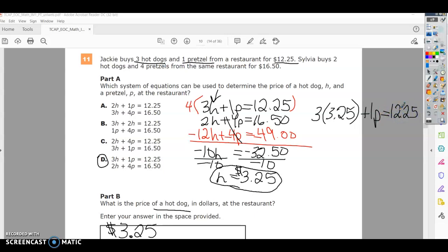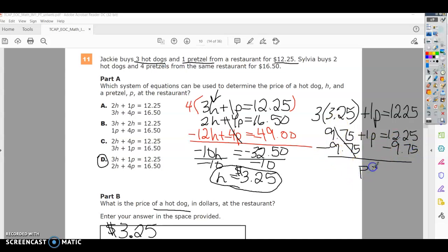Then I know that 3 times 3.25 is 9.75, and I'm going to subtract 9.75 from both sides.